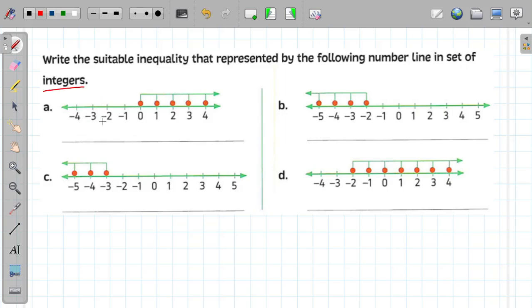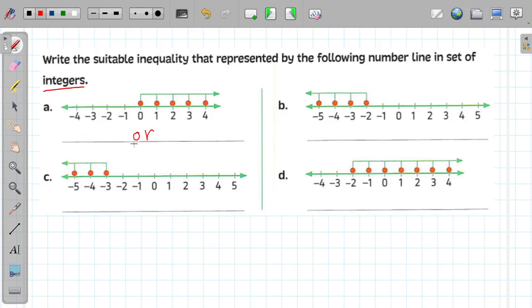Okay, so the first one here, he starts with 0. Next I have 1, 2, 3, 4, and so on. Listen to me. Here I have two inequalities that can be represented on the number line like this. Okay, so I have two solutions here.